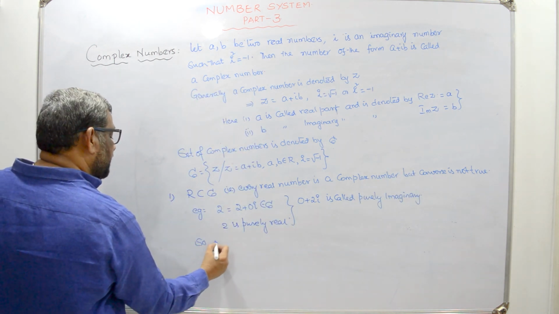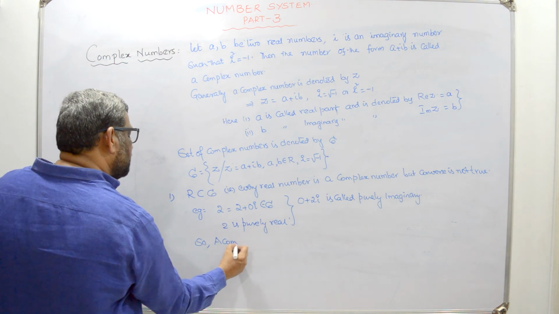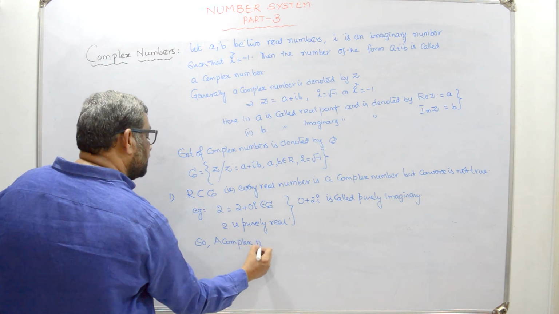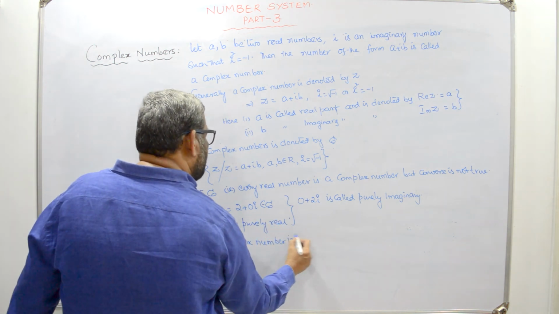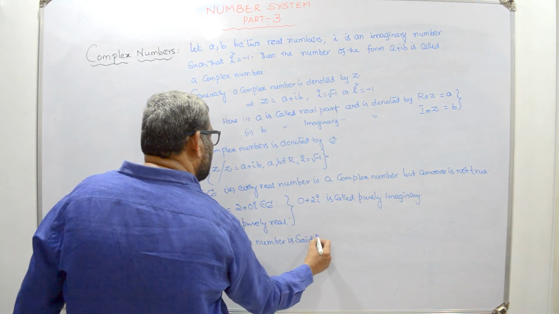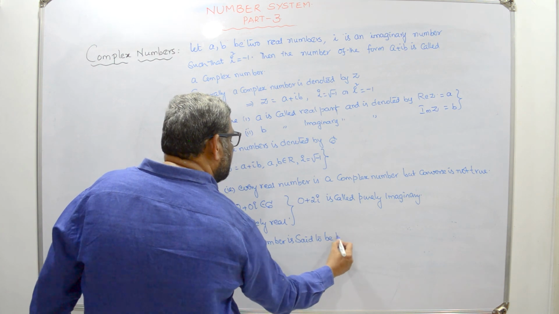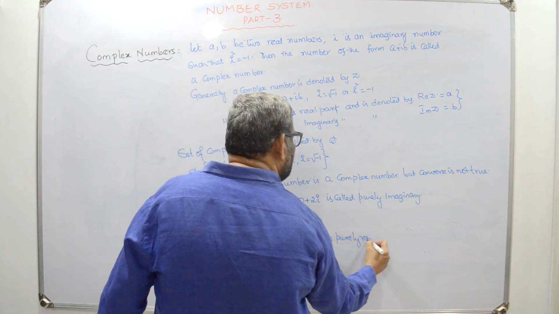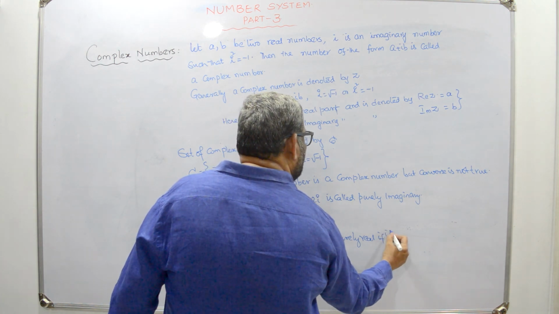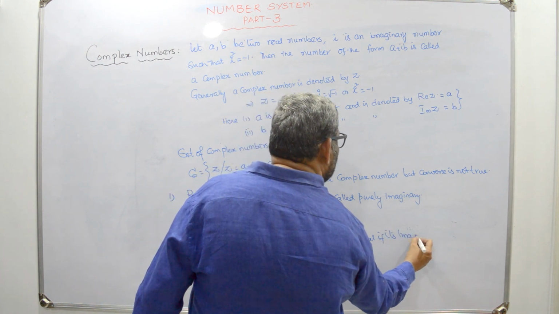So a complex number is said to be purely real if its imaginary part is 0.